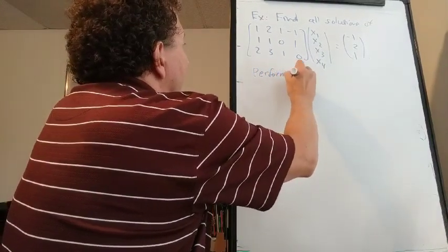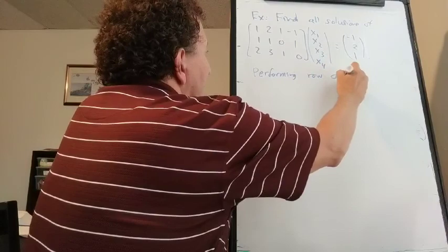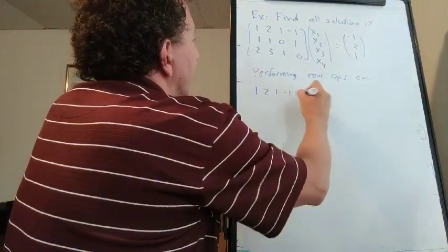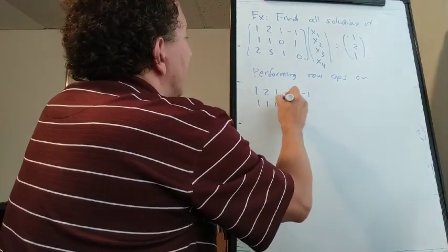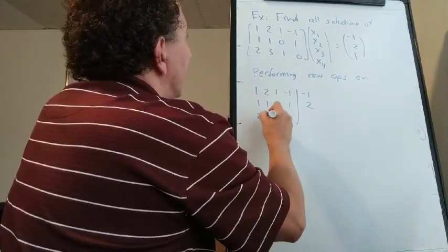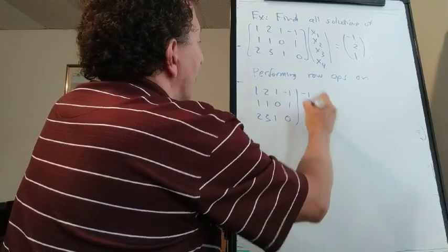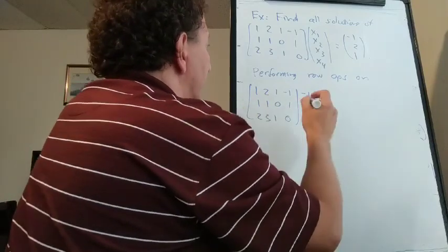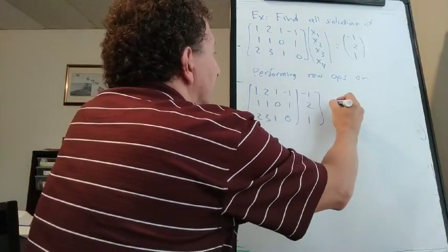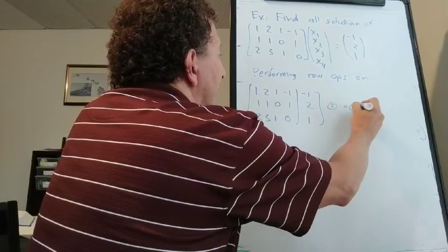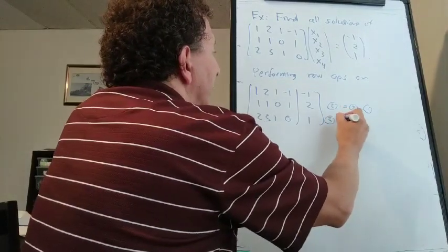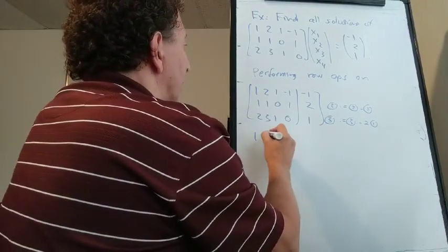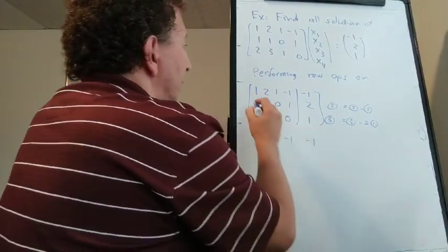So performing row operations on the augmented matrix 1, 2, 1, negative 1, negative 1; 1, 1, 0, 1, 2; 2, 3, 1, 0, 1, we have row 2 is going to be row 2 minus row 1, and row 3 is going to be row 3 minus 2 times row 1. And we get 1, 2, 1, negative 1, negative 1.